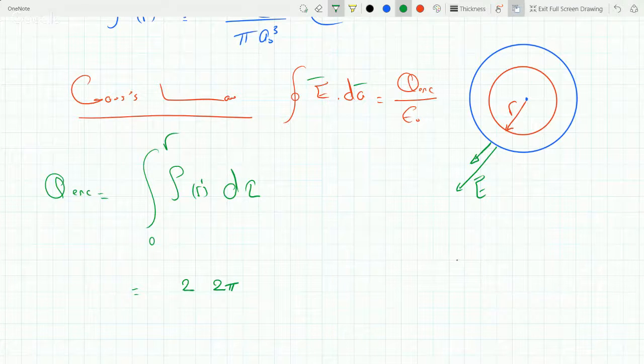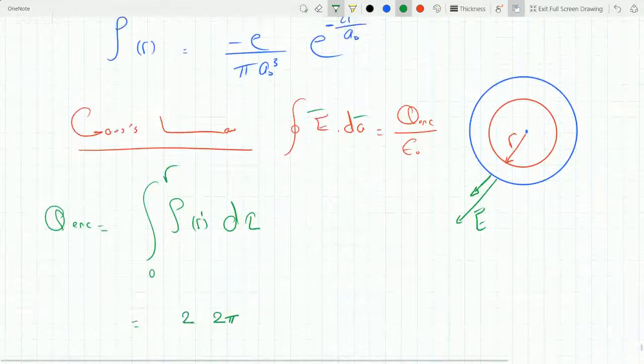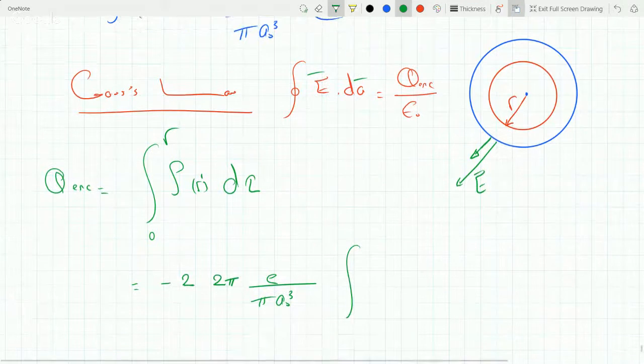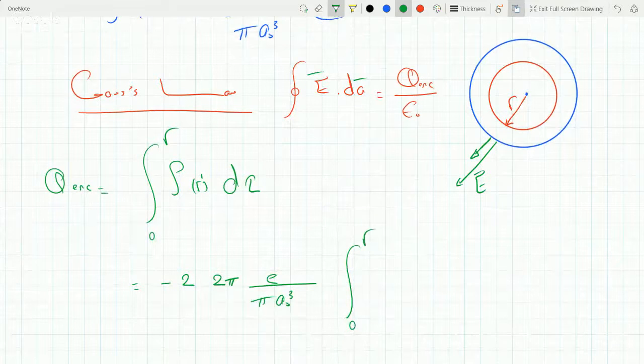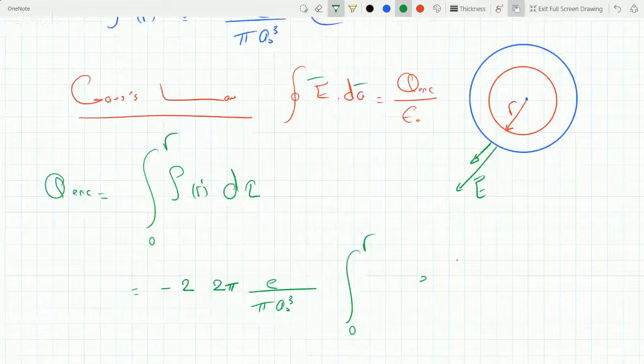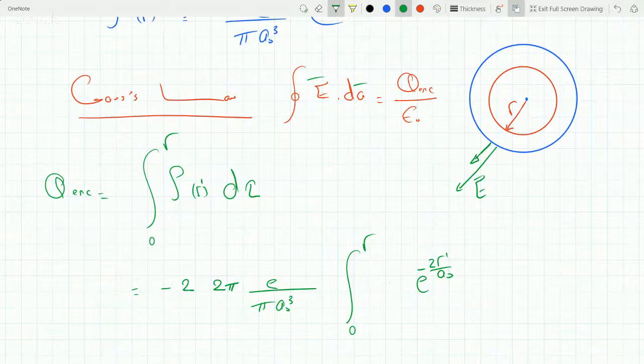And we're going to have left e to the minus... over pi a0 cubed. This is all constant, so I can put it outside the integral. What I will have left from 0 to R is e to the minus 2R prime over a0 times R prime squared dR prime.